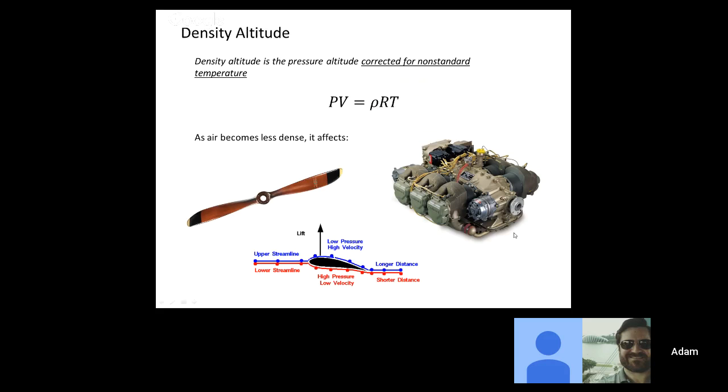All right. And then we did talk briefly about density altitude when we reviewed types of altitude. If you remember, absolute altitude, mean sea level altitude, above ground altitude, and density altitude. We'll just review it real quick here. Density altitude, by definition, is the pressure altitude corrected for non-standard temperature.